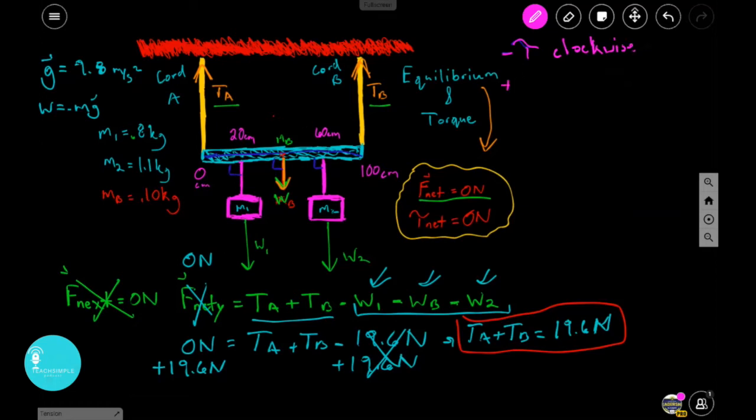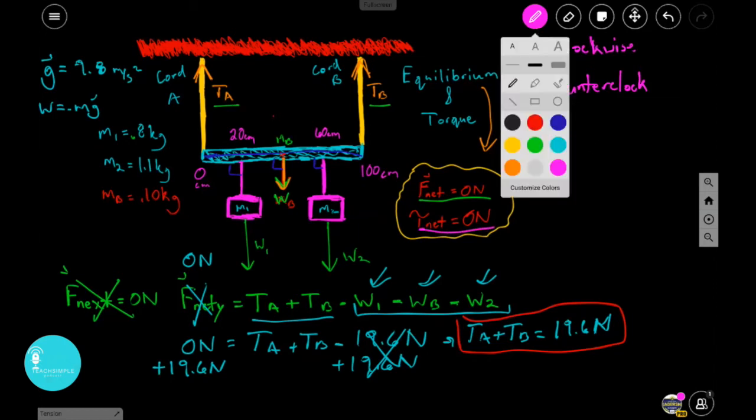And positive tau or positive torque is when it's counterclockwise. Okay, so when we start our total net torque equation, we're going to account for that direction.